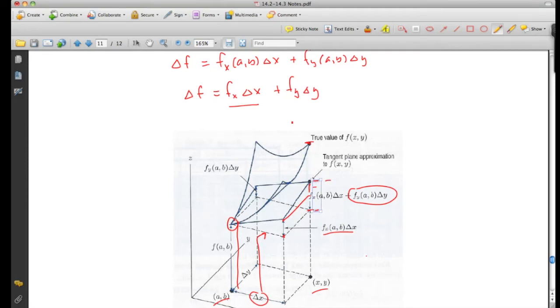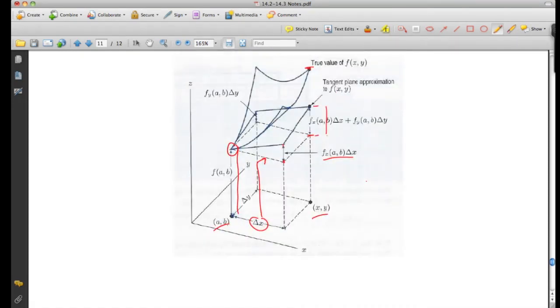Okay, and so that's where that formula comes from. Let me see if I can clean some of that stuff up now. Okay, so the change in the value of the function, the delta f, as long as these values are really small, this change from here up to here is almost the same as the change from here to here.